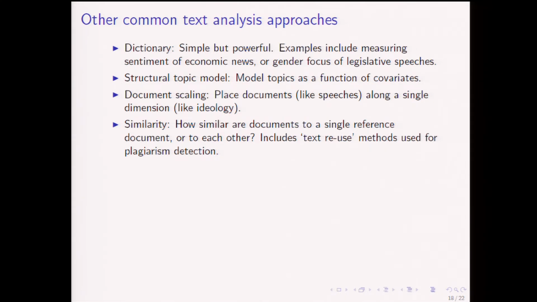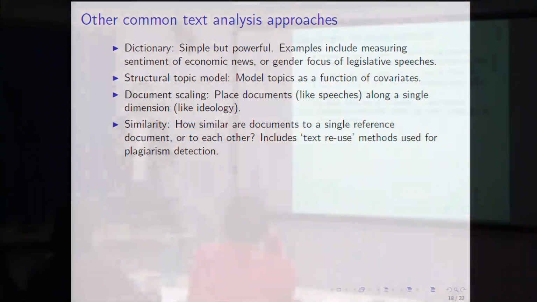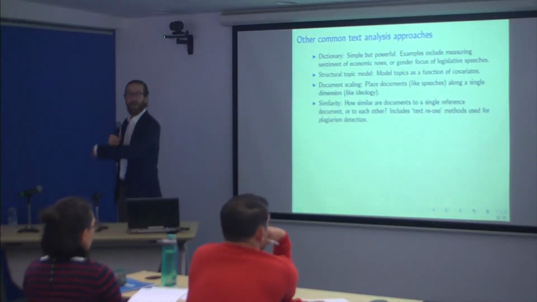What might you want to do this for? Text reuse methods. Have any of you seen plagiarism detectors? You upload your paper, and it runs through a text reuse algorithm that assesses how similar your paper is to a library of other papers. People have used this with pieces of legislation to find instances where a lobby group has their model legislation, and it gets reused over and over again in bills.